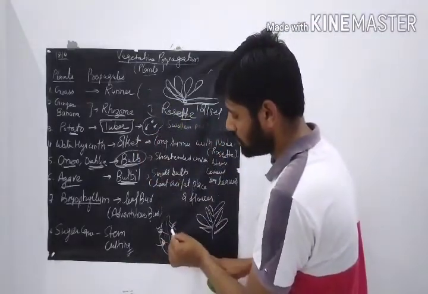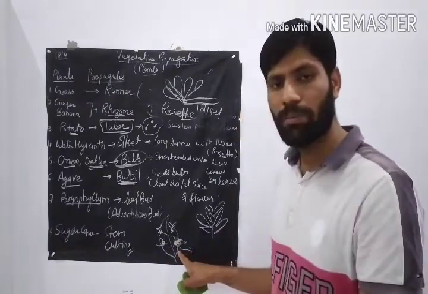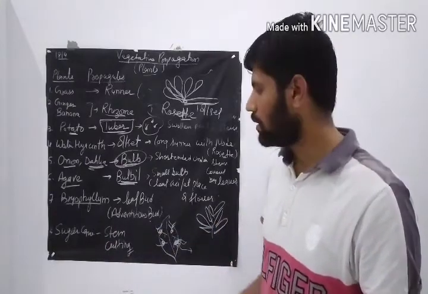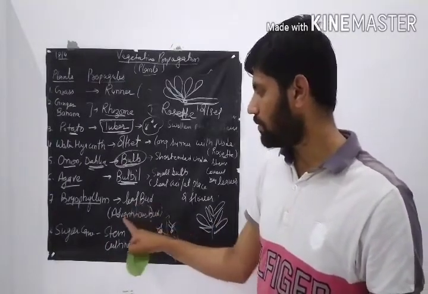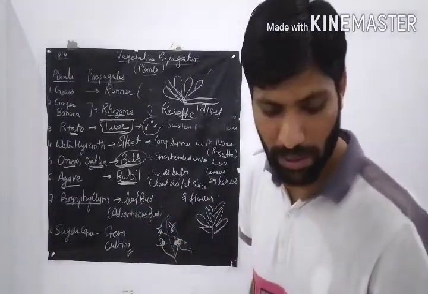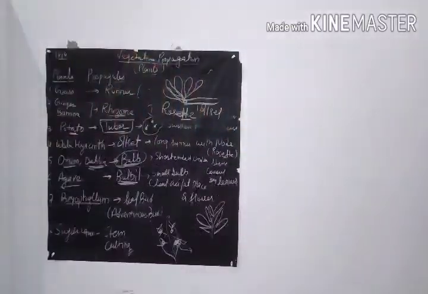Some buds grow on this body and they detach from the body and form a new plant of bryophyllum. So this is a leaf bud, and this leaf bud is an adventitious bud. Adventitious bud means a bud that grows from somewhere other than the usual place, not from the root.